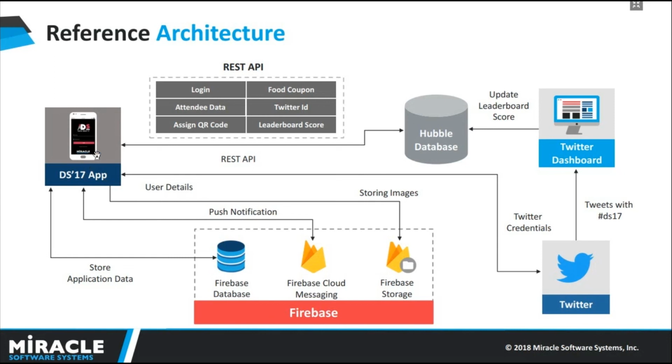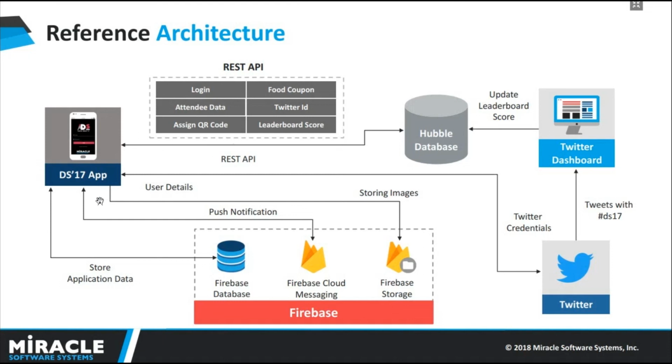And the same Twitter ID, we update it in the Hubble database along with the attendee ID who has logged in. And the leaderboard score, we get the leaderboard score of the top 10 attendees who have tweeted and who got the highest points.